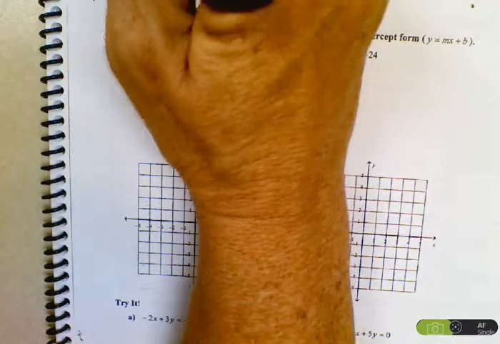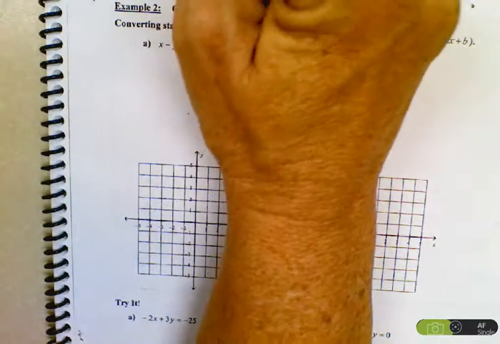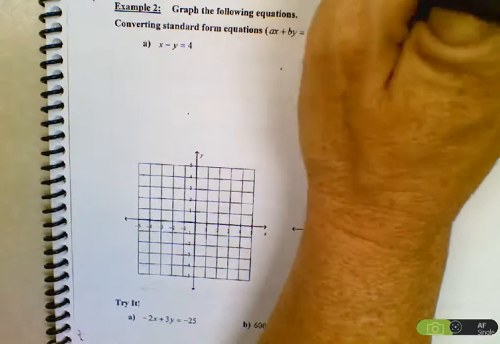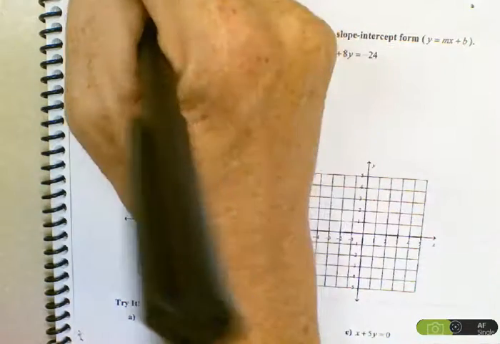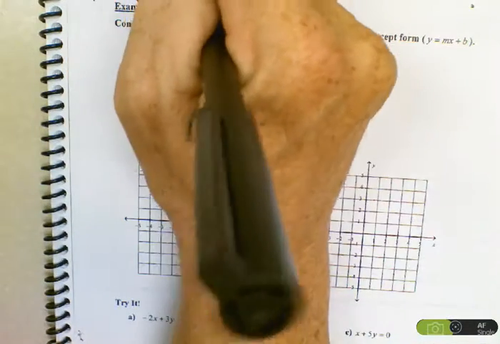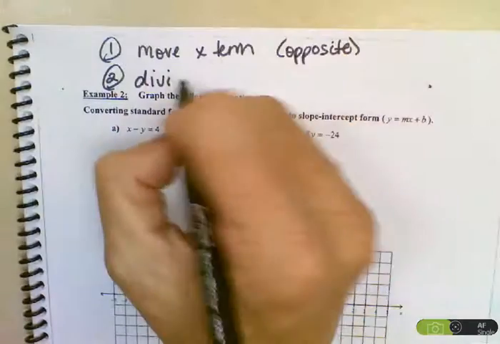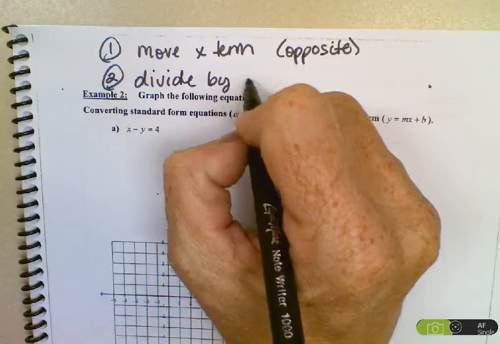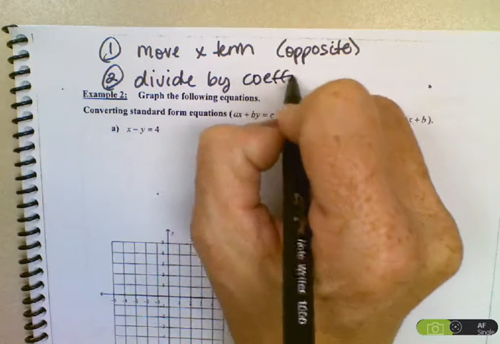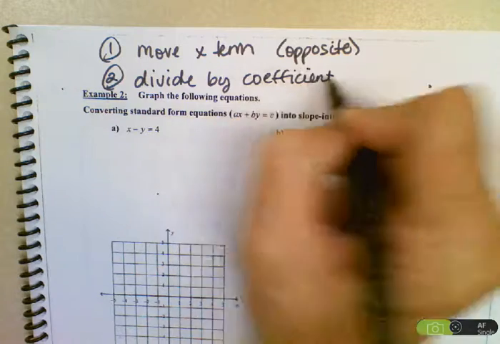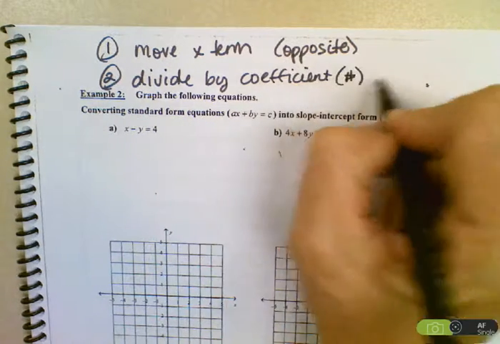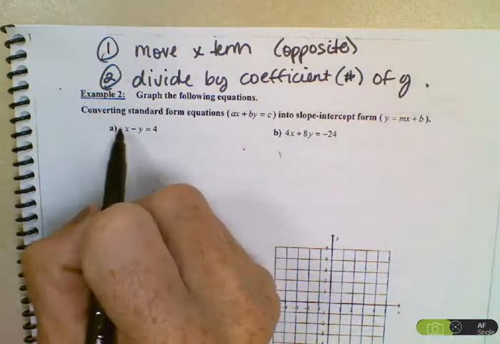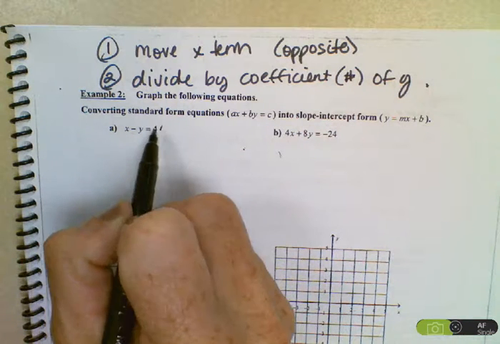First step is to move the x term, and that's going to make it go opposite of what it originally is. And then divide by the coefficient, the number in front of y.